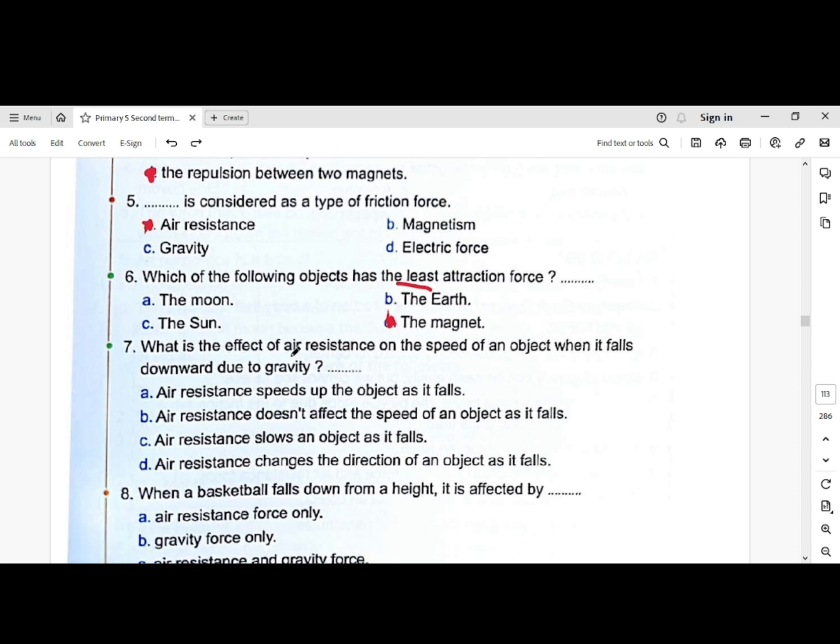What is the effect of air resistance on the speed of an object when it falls downward due to gravity؟ يا ترى الاير ريزيستنس هتعمل ايه؟ Air resistance speeds up the object as it falls ولا air resistance doesn't affect the speed of an object as it falls ولا air resistance slows an object as it falls ولا air resistance changes the direction of an object as it falls؟ إجابتنا إن ال air resistance slows an object as it falls.